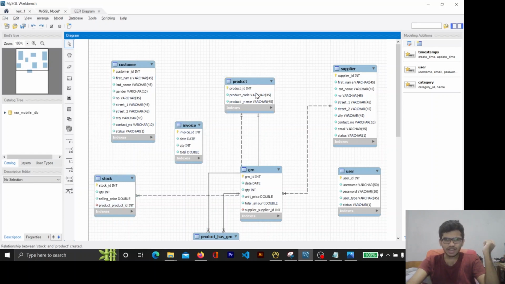And if we look from the product side, one product can have as many invoices, because one product can be purchased by multiple customers. So that's the logic.